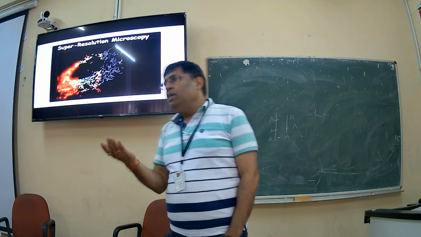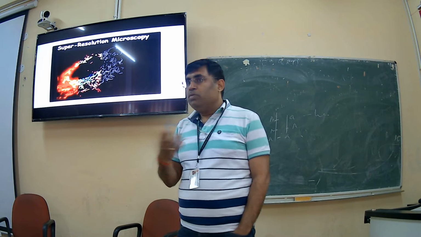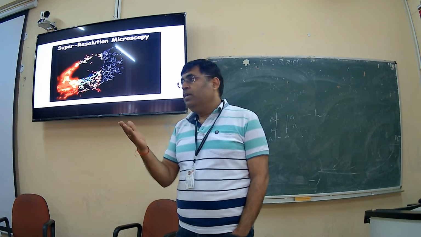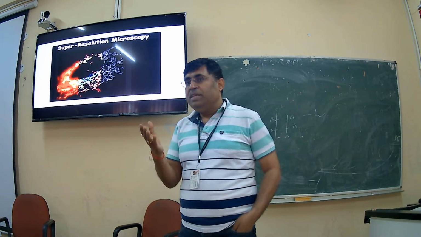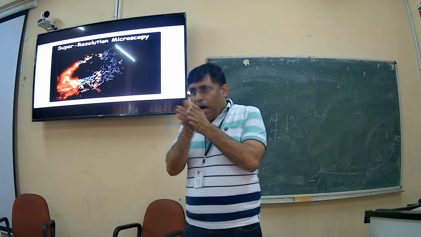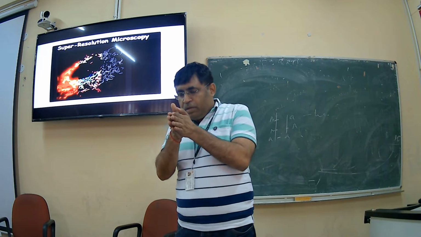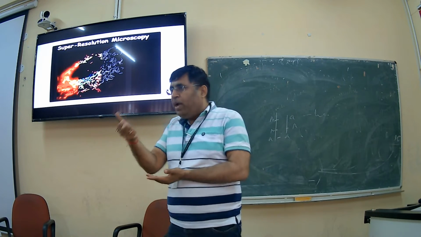We generally use the camera of a mobile phone. You say 11 pixel, 12 pixel, 20 pixel, what is the resolution of the camera? Resolution means when you enlarge the image, how well it resolves two points. So that is the point.